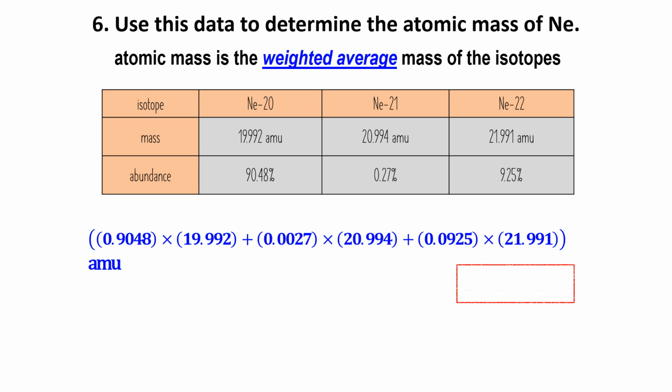And then we will get a final answer of 20.18 AMU, which is atomic mass unit. And a lot of times we also refer to this unit as grams, right? So in that case, we have neon at 20.18 grams as the atomic weight for this element.